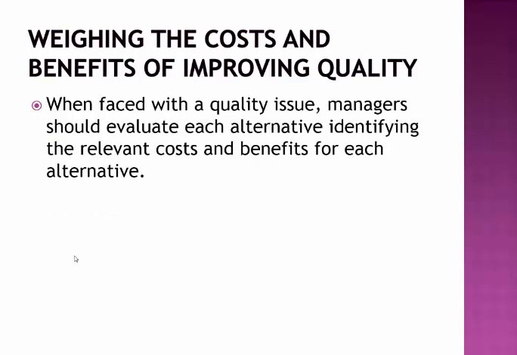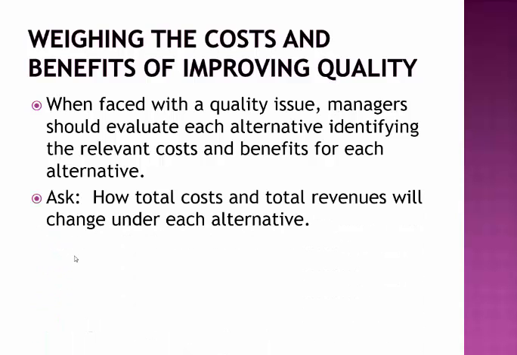Weighing the costs and benefits of improving quality. When faced with a quality issue, managers should evaluate each alternative, identifying the relevant costs and benefits for each alternative. And they need to ask how total cost and total revenues will change under each alternative.